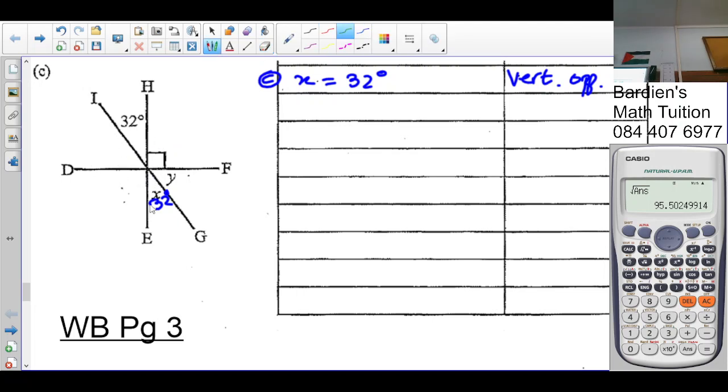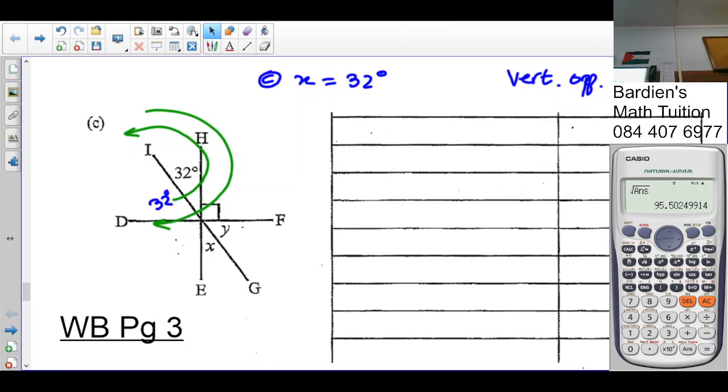So y plus 90 plus 32 adds up to 180. Or I could have gone there, but one of the two, not both.